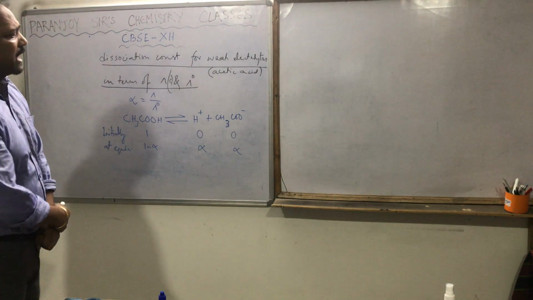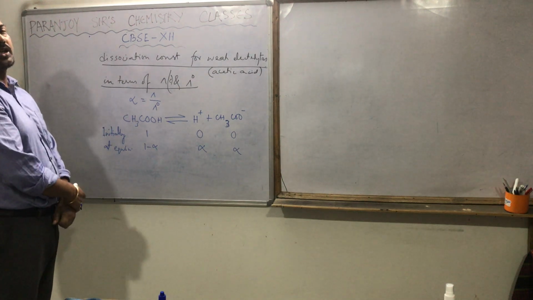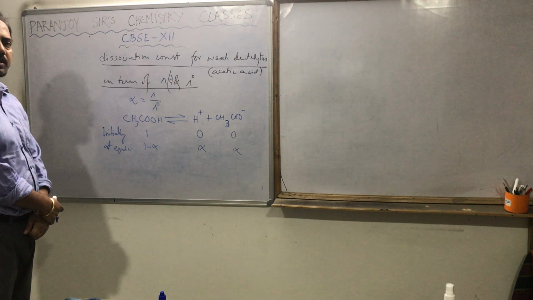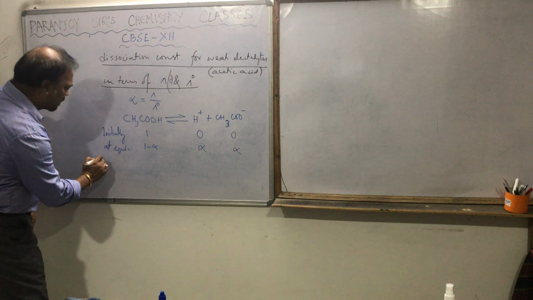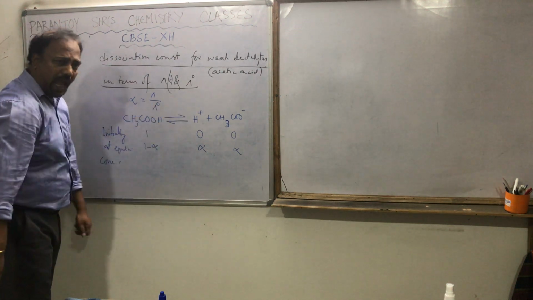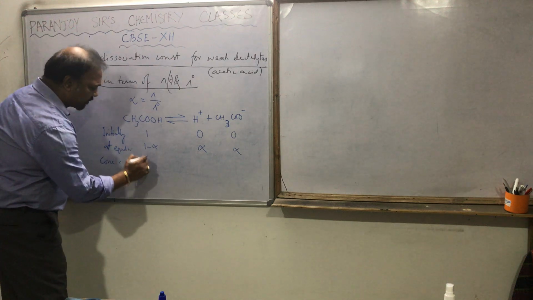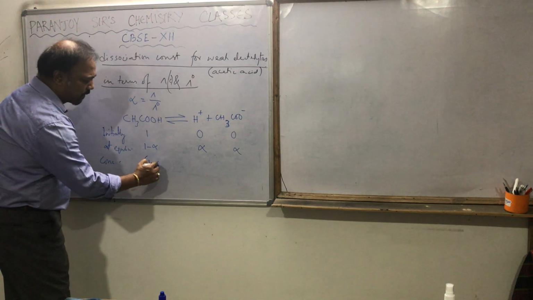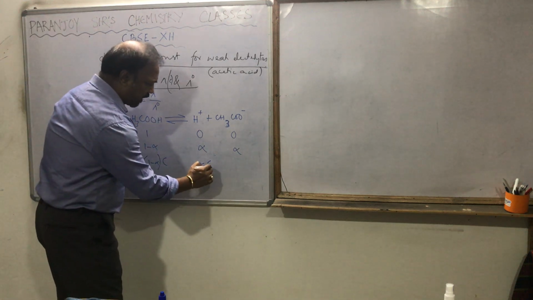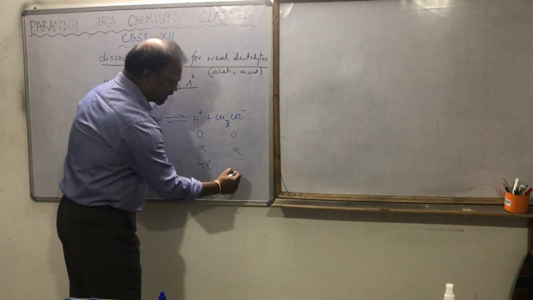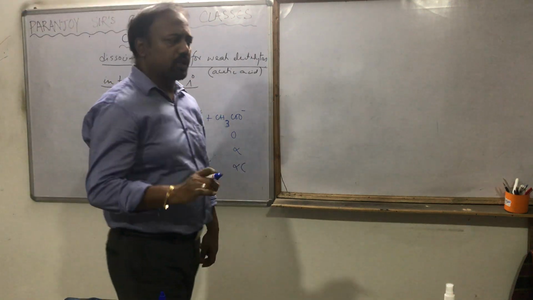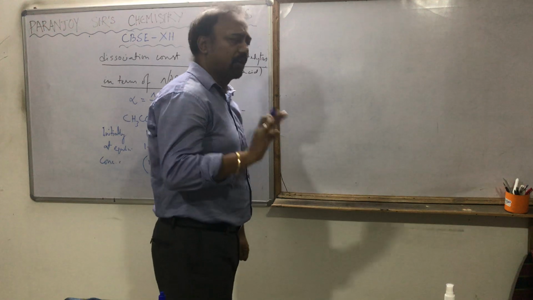Now, if the total concentration of the solution is C, then at equilibrium the concentration of CH3COOH will be 1 minus alpha into C. The concentration of H positive will be alpha into C, and the concentration of CH3COO negative will also be alpha into C. We studied this much already.